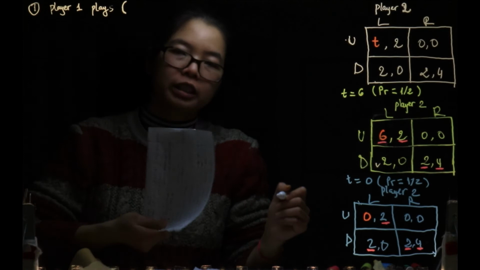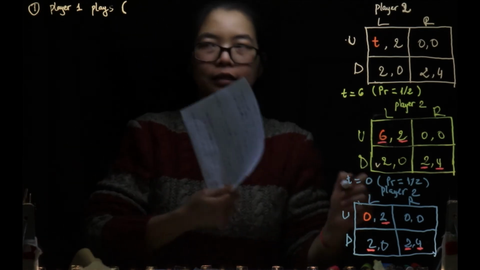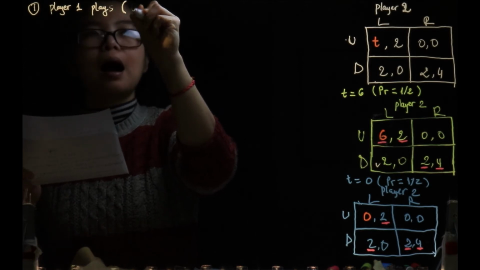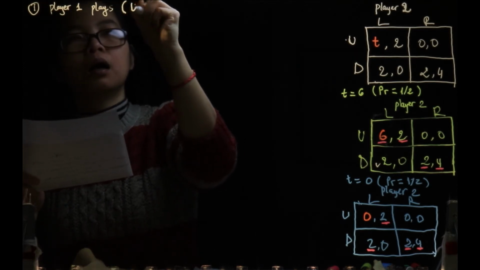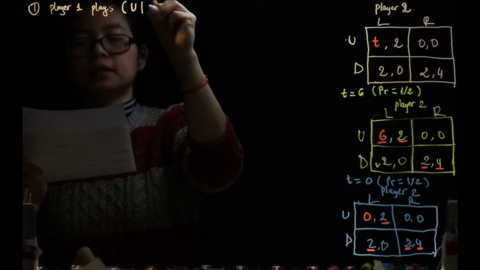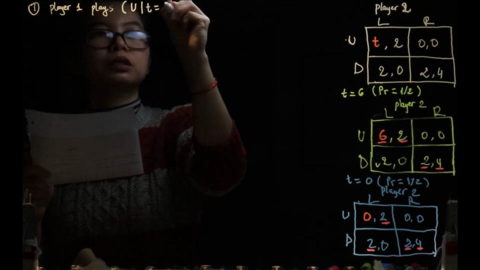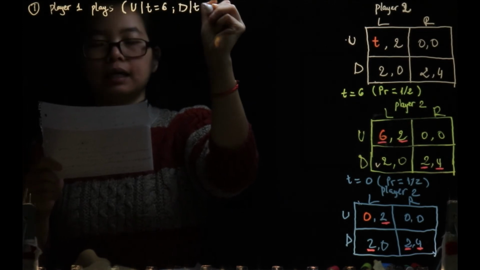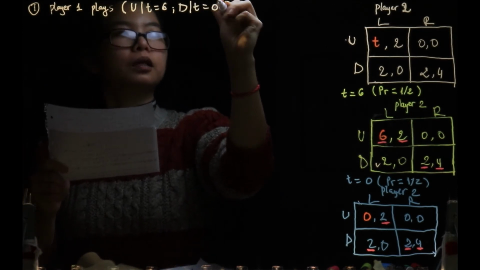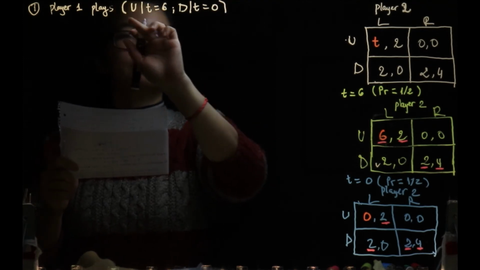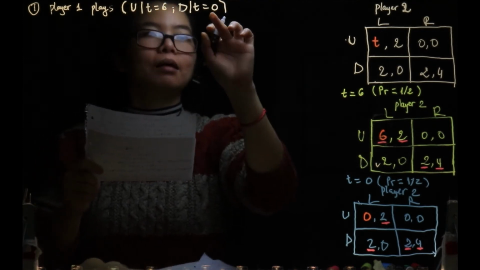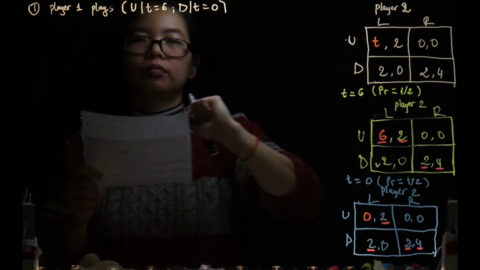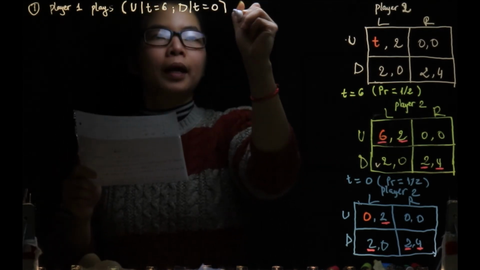What if the first type and what if the second type? So we said he would play up when t equals 6 and down when t equals 0. It must always have something that happens when t is 6, and something when t is 0. Don't miss any of these two parts, right?